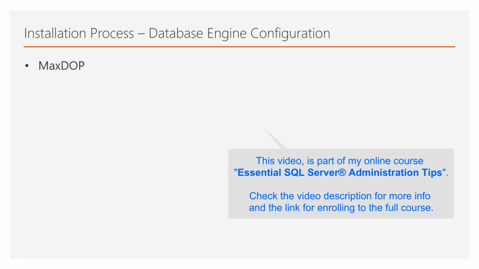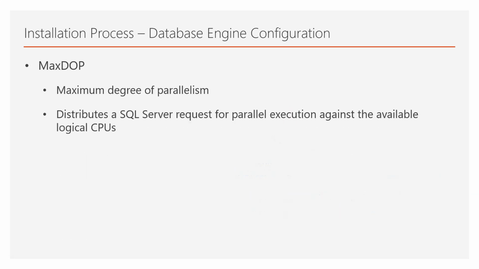Now, the next step in SQL Server installation is to set the MaxDOP. MaxDOP stands for Maximum Degree of Parallelism and configures SQL Server so that it knows how to distribute a request for parallel execution against the available logical CPUs.